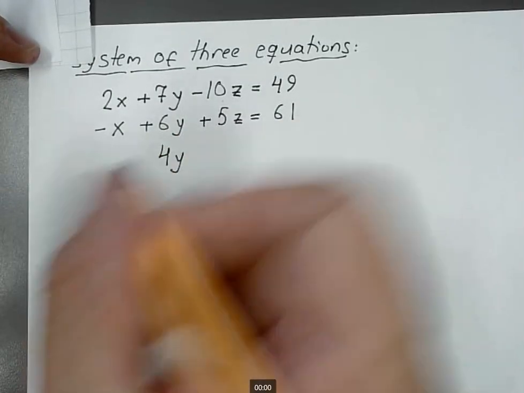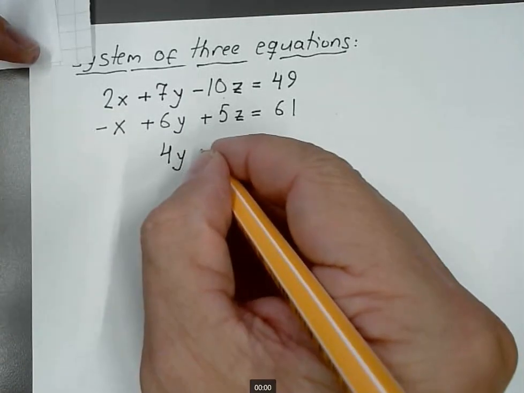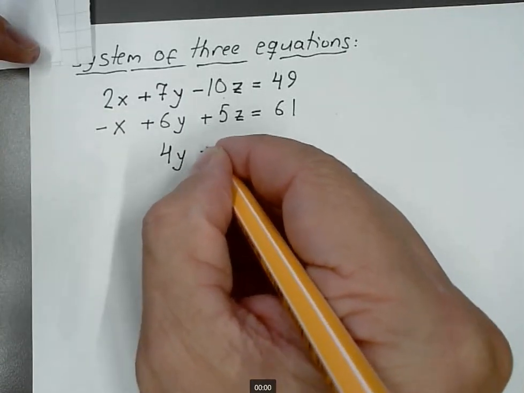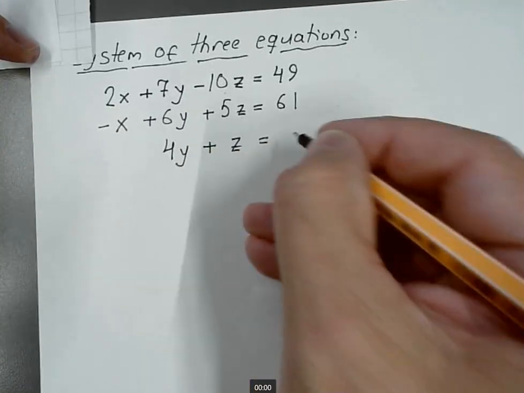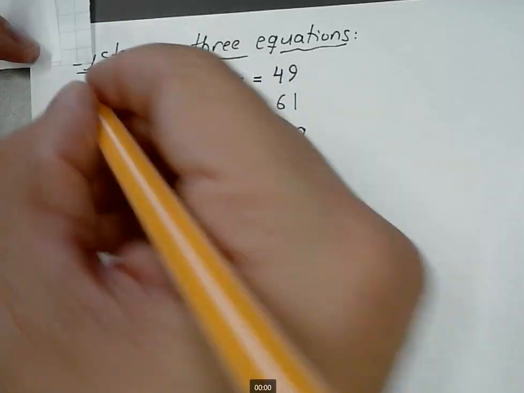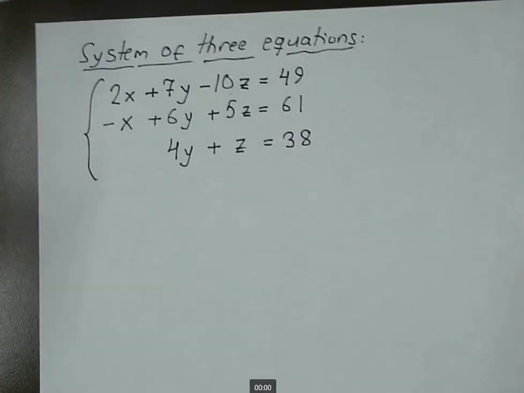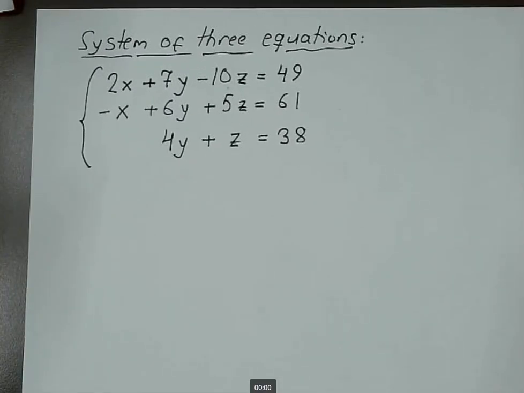For y, there is no x in this last equation, plus zeta equals 38. So these are our equations. And we will also use Cramer's rule in this.